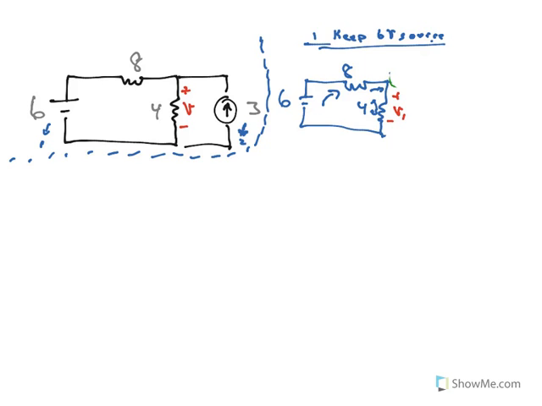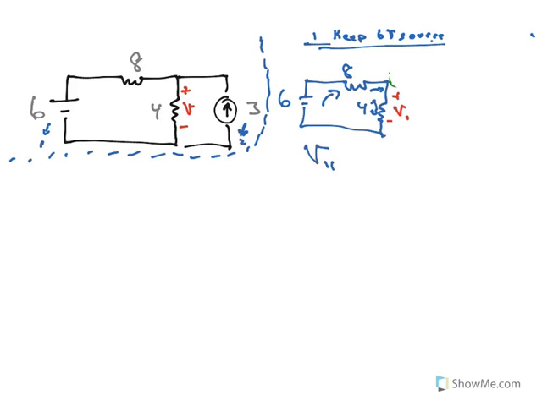And so all you have is the more basic circuit, two resistors, each of them in series with each other, with a voltage source. I want to know what's the voltage on the 4 ohm resistor. So I say, okay, this is a voltage divider.